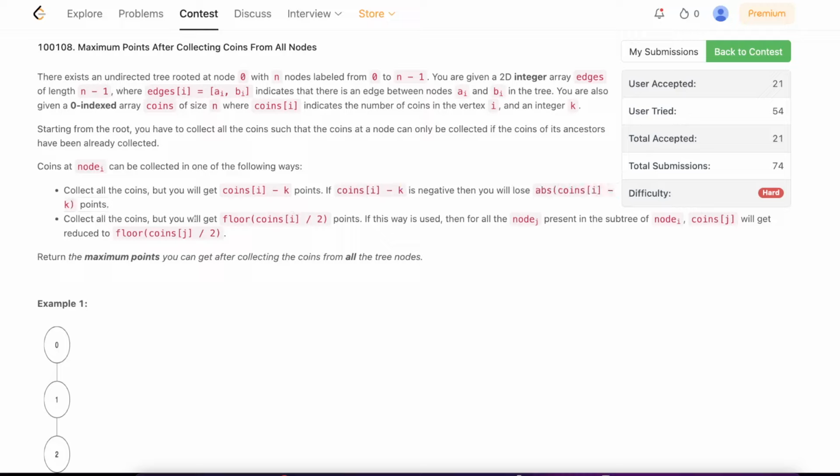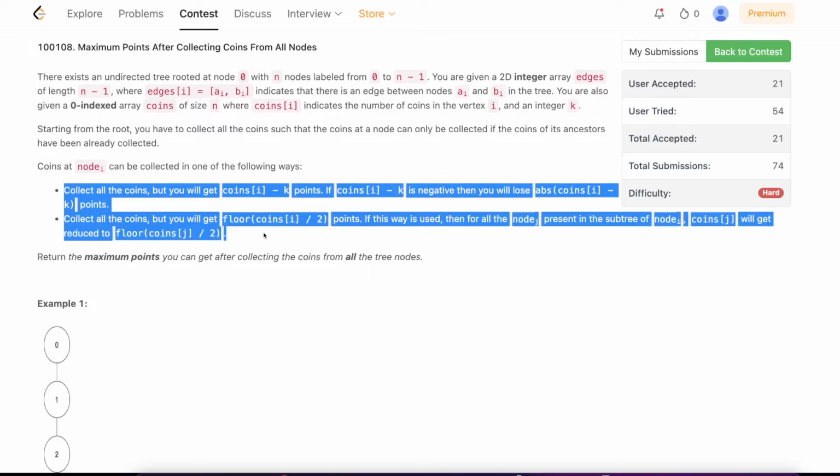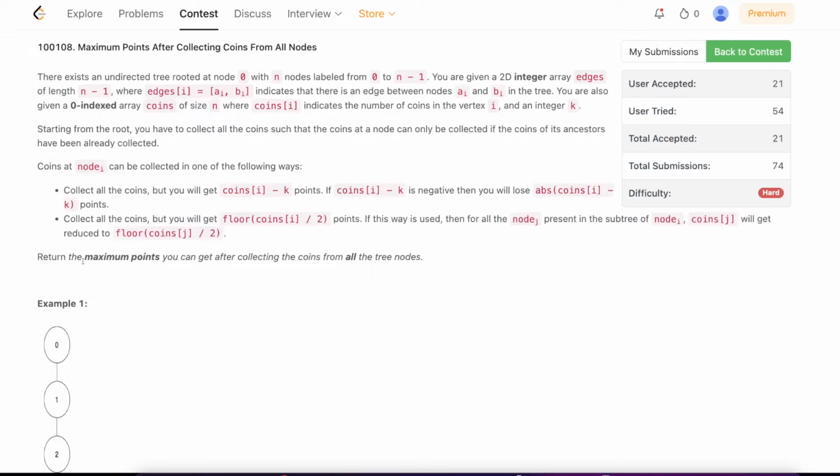Similarly, the second choice is you can collect coins[i] divided by 2 points, but as a penalty, you have to halve the number of coins at each node which is in the subtree of the current node. So we have these two choices in which we can collect the points. We have to return the maximum points we can collect after collecting coins from all the tree nodes.